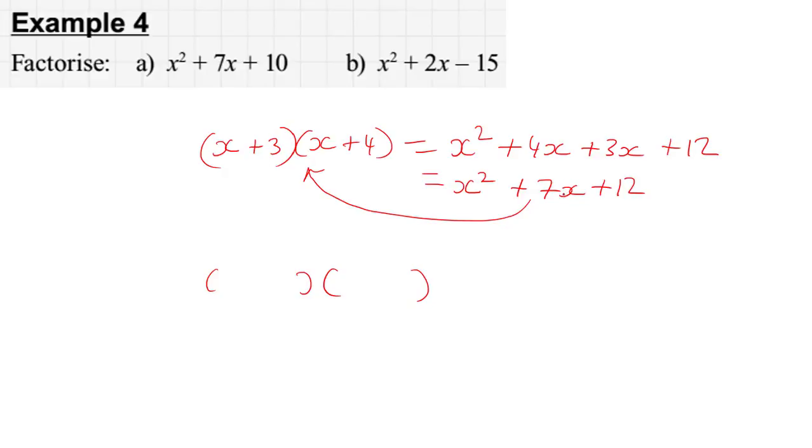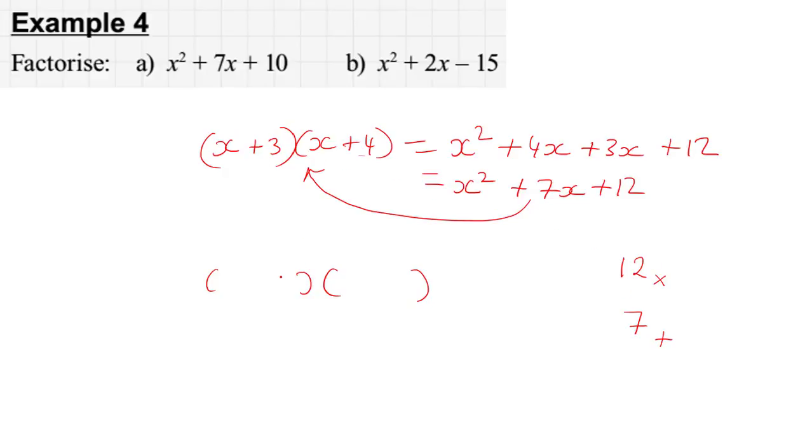But if you look at this 7 here, where did you get this 7 from? You got it from the 4 plus the 3. In other words, you added this number to that number to get this 7. So we are looking for two numbers that if you times them, you get the 12, but if you add, you get 7. Obviously those numbers will be 3 and 4.